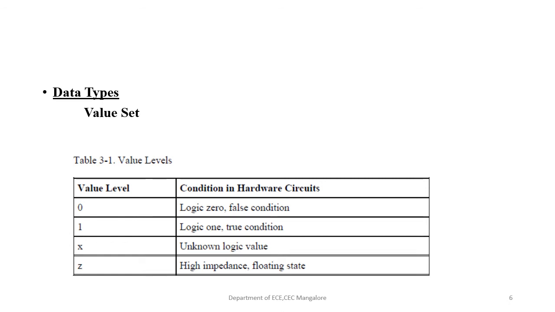X is either 0 or 1, it has some fixed value, but z is always high impedance. It may be a logic 0, 1, or in between 0 and 1.